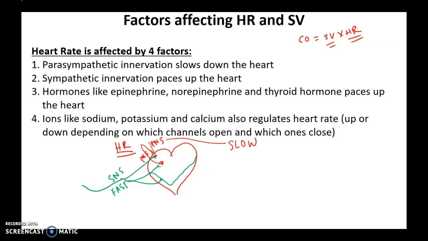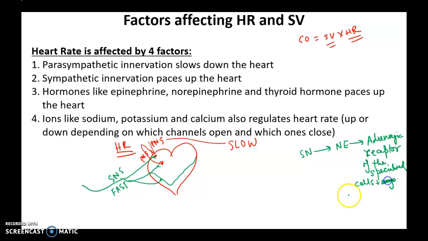The sympathetic neurons release norepinephrine, which binds to adrenergic receptors of the specialized cells and myocardial cells, and this helps the heart to pace up.